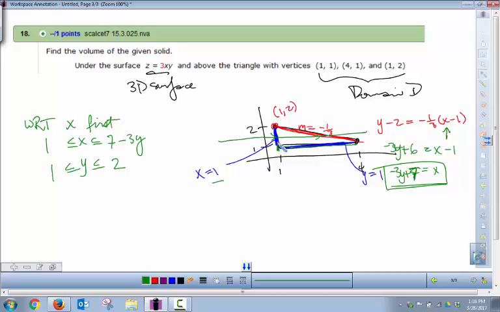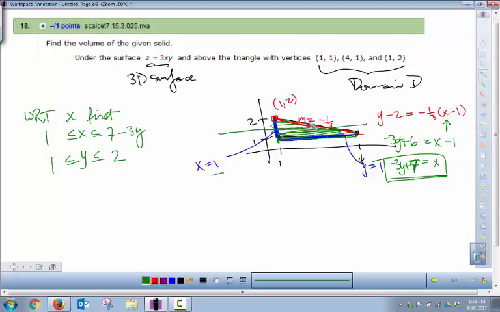If you let y be slightly bigger than 1, we're going to go from 1 to whatever this function is. So you're making your cuts this way. If you think back at the sliced bread analogy, these are the slices that we're doing. And then your surface is somewhere out of the screen here in the third dimension, and you're making your slices this way.